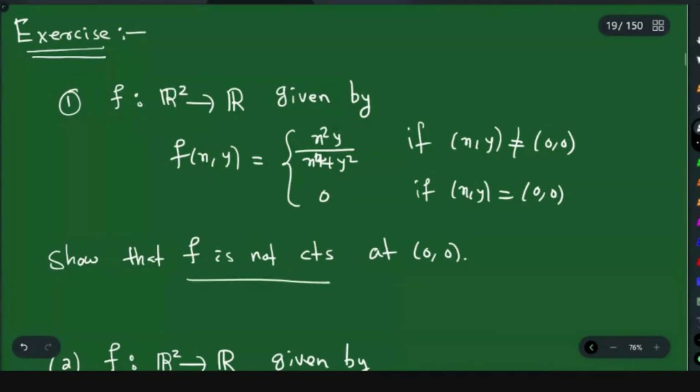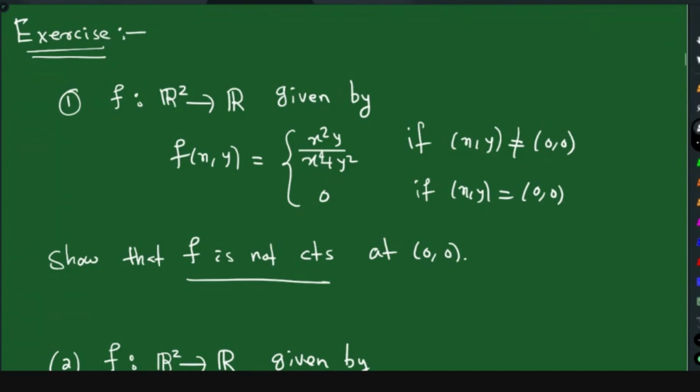So you have to produce at least one sequence (x_n, y_n) going to (0, 0), but f of (x_n, y_n) does not go to f of (0, 0).